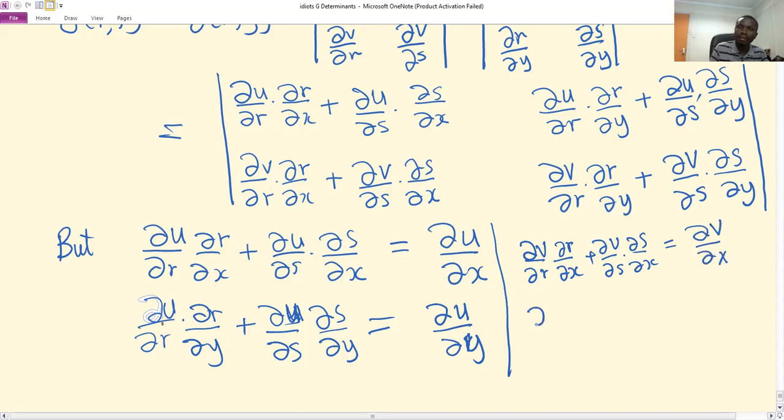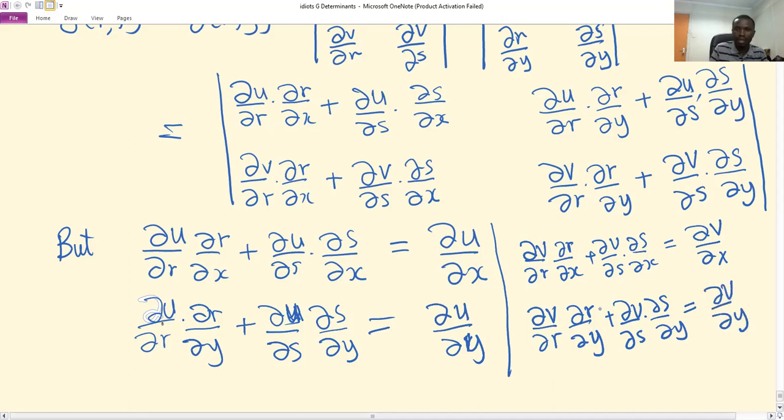And lastly, partial v partial r times partial r partial y plus partial v partial s times partial s partial y is the definition of partial v partial y.